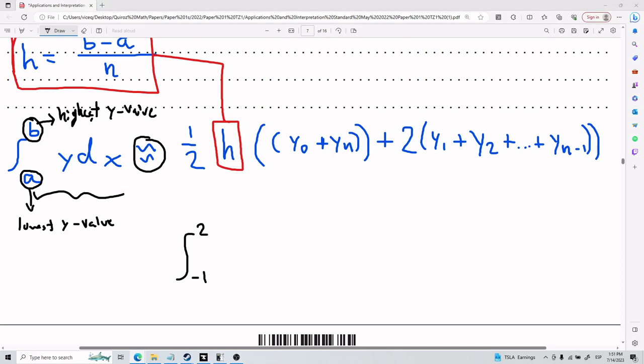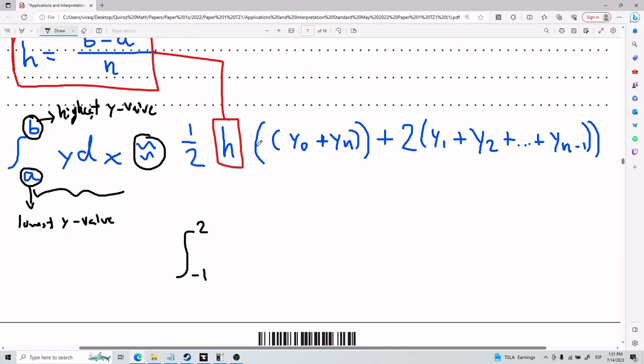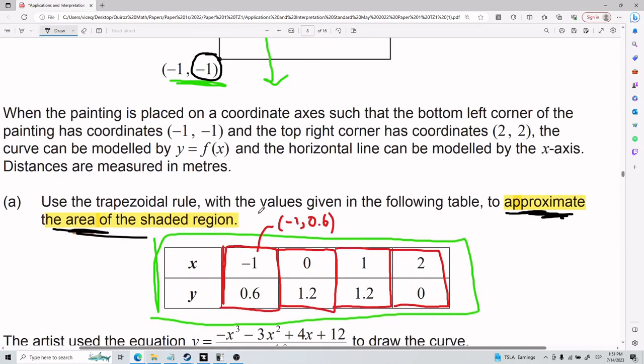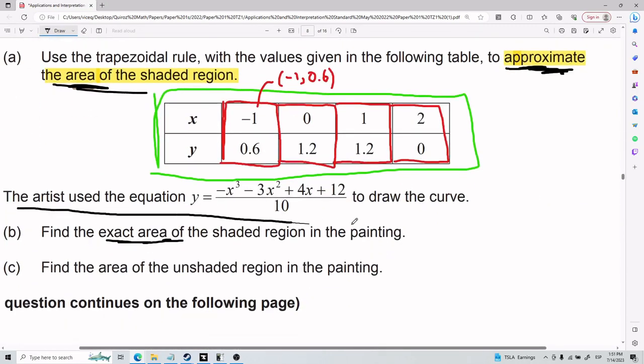Okay? Cool. Then you have y dx. See? And so y dx is going to be, again, I said, your function, the one for your line. And they tell us that the artist used the equation to draw the curve. So this is going to be my y. Here's a y equals. And I'm going to put a dx next to it because that's how integrals work. Okay? But my y is this whole thing. See?